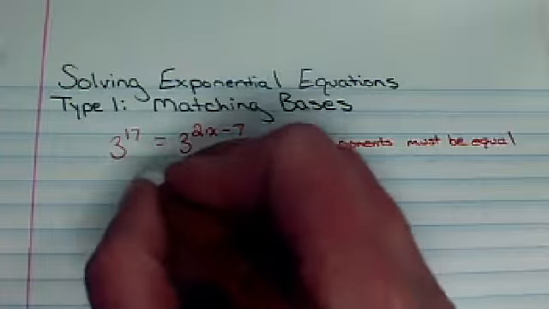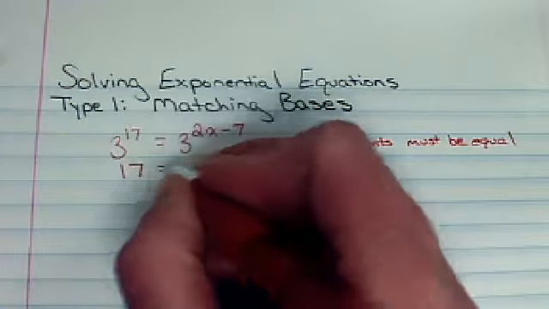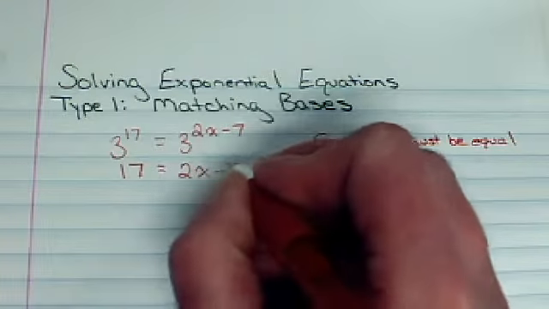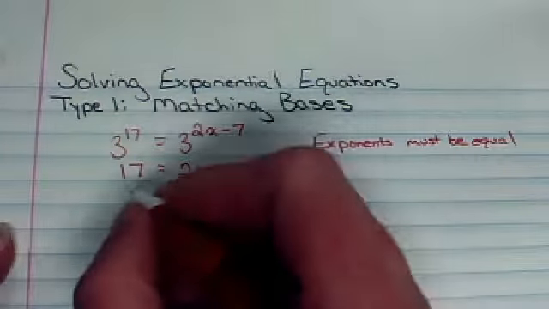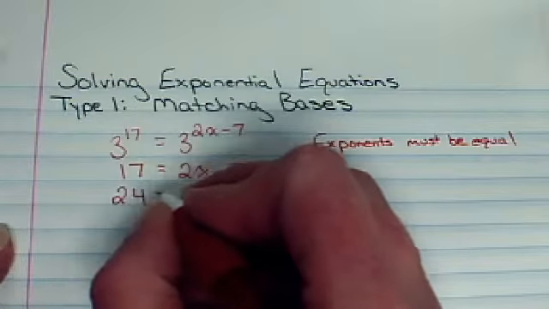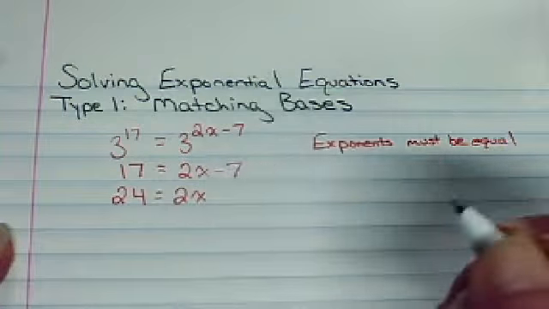So that means that 17 must equal 2x minus 7 because the bases are identical. Now you have a very easy equation to solve. We would just add the 7 and then divide by 2.